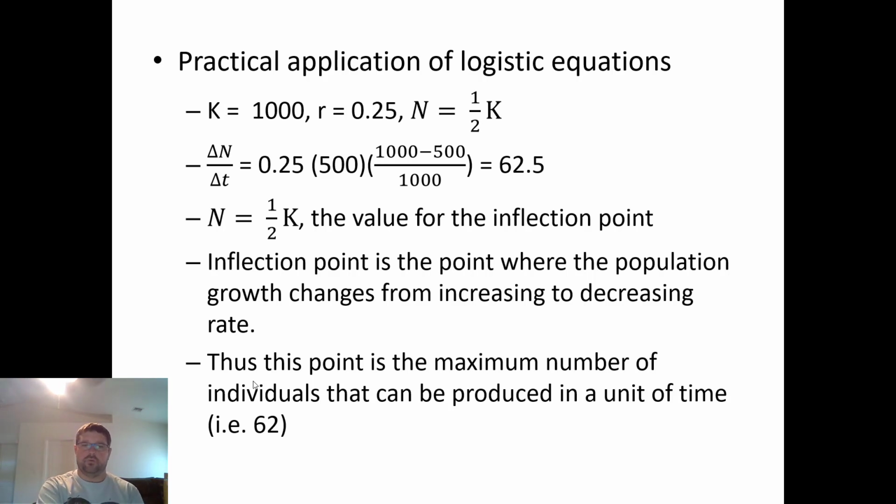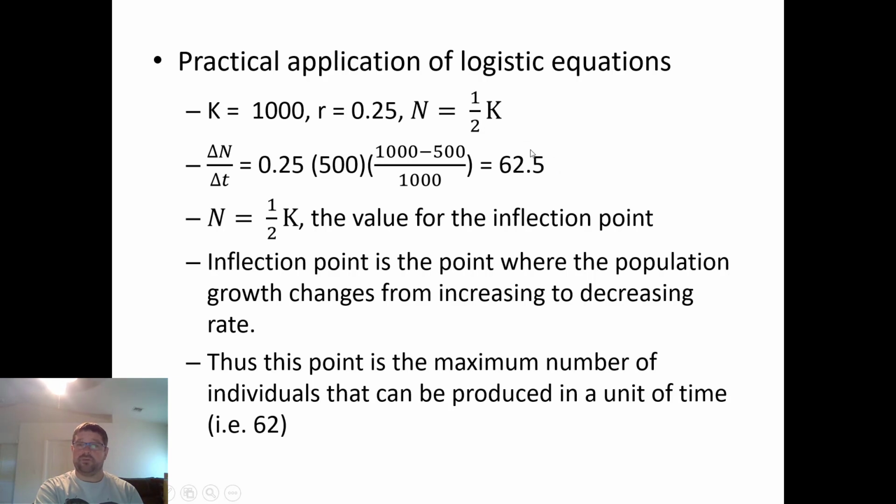So change in N over change in T is equal to R times N. In this case, we're saying N is half of K, or N is at the maximum sustainable yield of this population. K is 1,000. If we calculate it, we could expect that 62.5 individuals are going to be reproduced in this population in the given time period, whatever T is. If that's a year, then it's 62.5 individuals in a year.